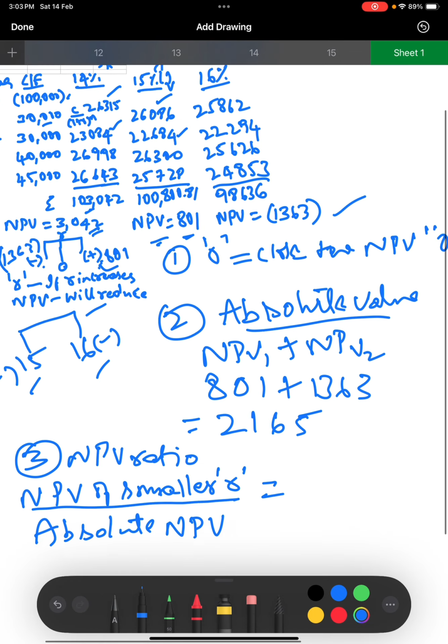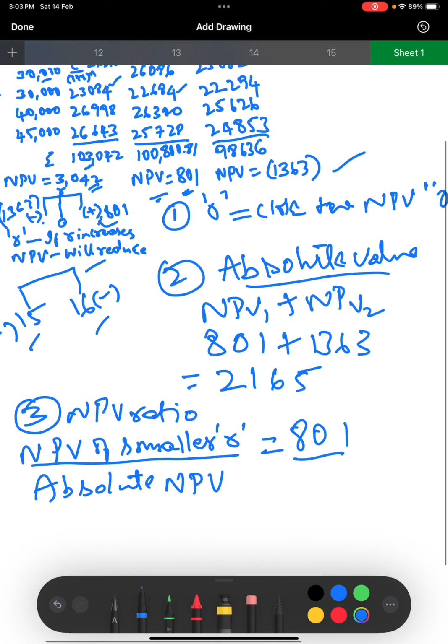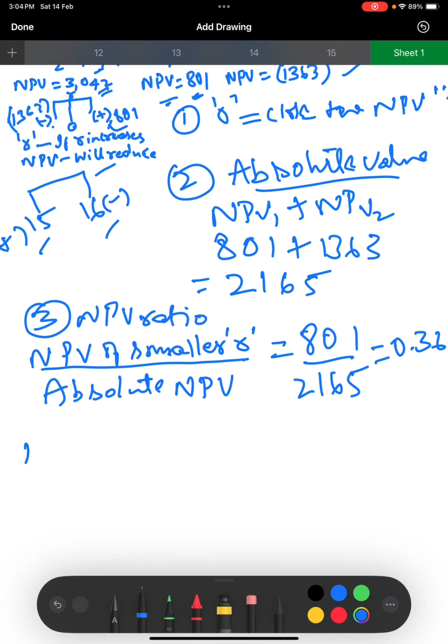In our case, the smaller r is 15%. What is the NPV we got? 801, right? So 801 divided by the absolute NPV, which we got as 2165. So now just divide 801 by 2165. You are going to get 0.36. Okay, you can take the last two digits after the decimal point.